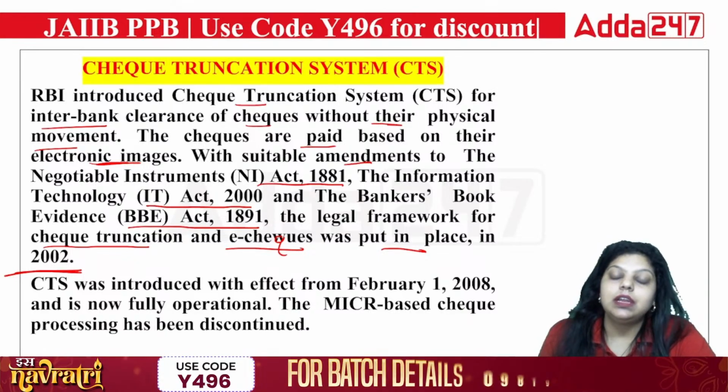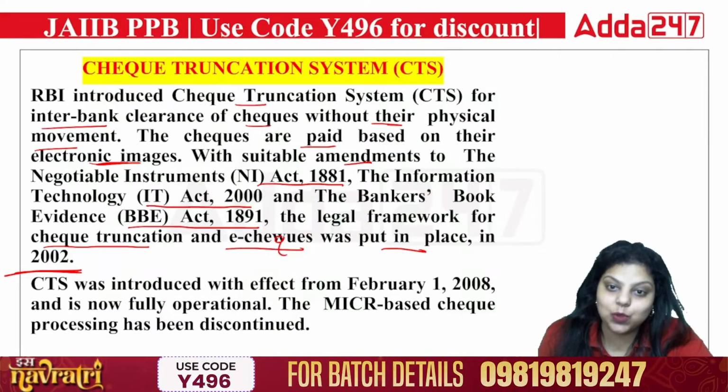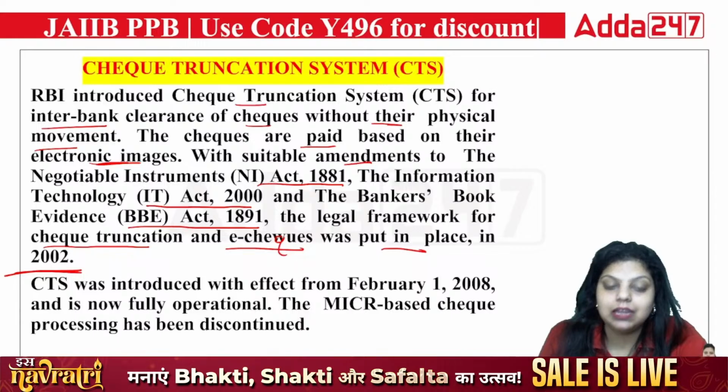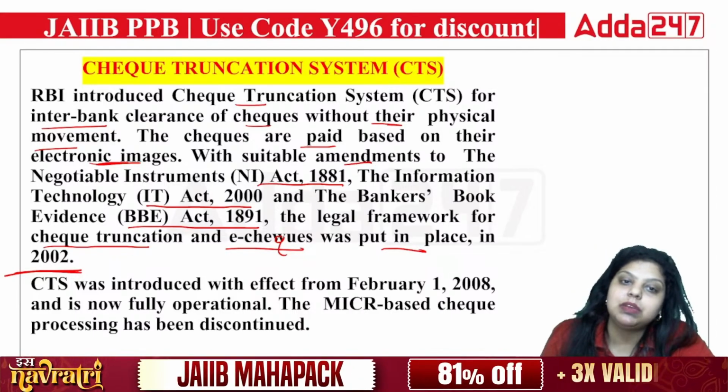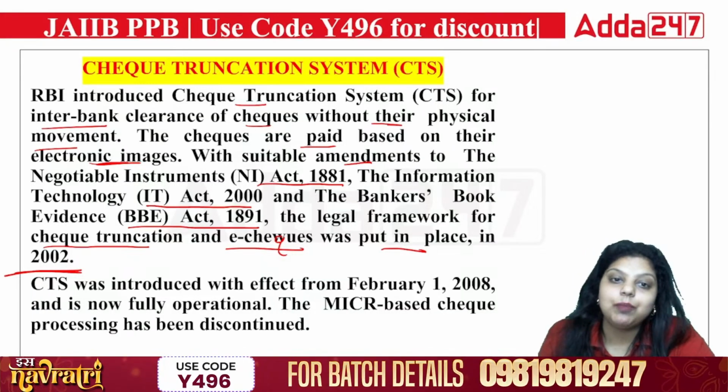Do remember the amendments have been done in the Negotiable Instruments Act, the IT Act and the BBE Act. In these three acts the amendments have been done, and they provided the legal framework for check truncation.